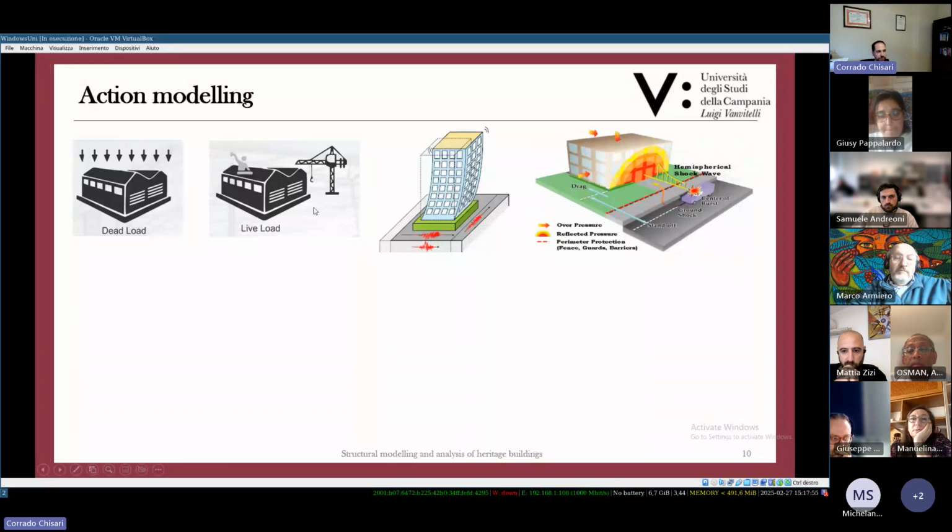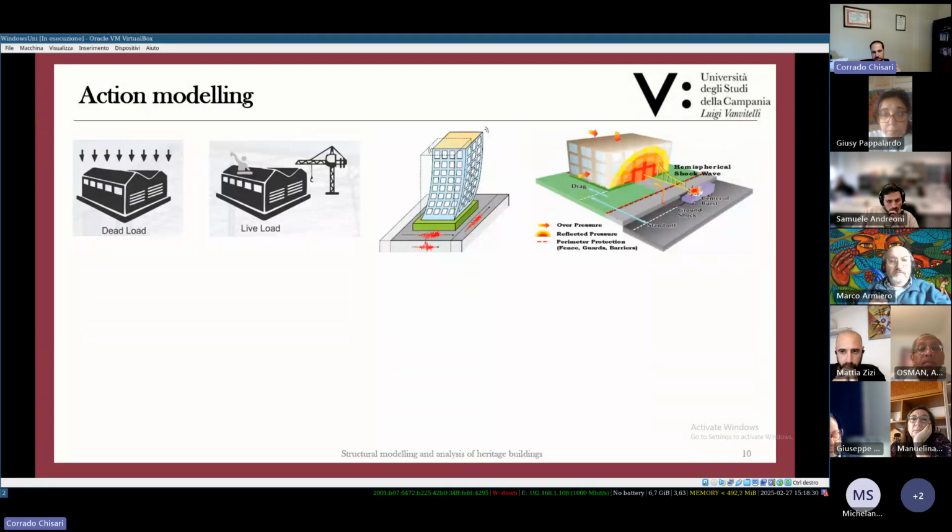We have the live load, which is a load, let's say the use of the structure, so people entering the structure or furniture and so on, all this type of generally vertical loading. We got earthquakes, we got blast. So we have several different types of loads, and all of them have a different representation, a different modeling.